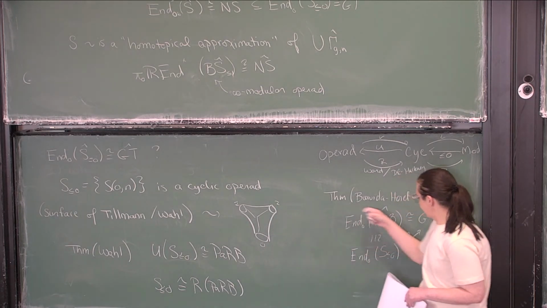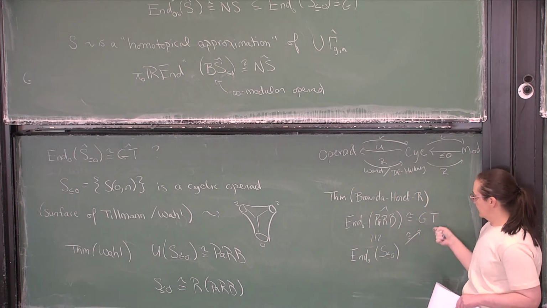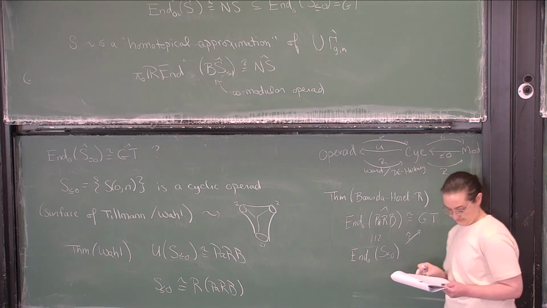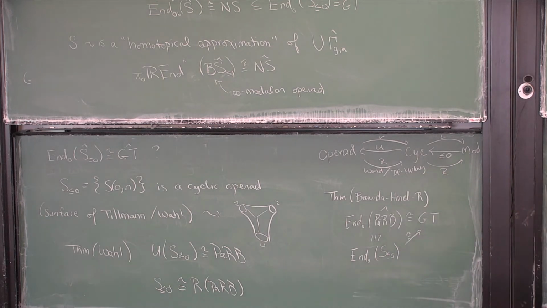Topologically, once you apply classifying spaces, this becomes a cyclic dendroidal profinite space, a cyclic dendroidal space.